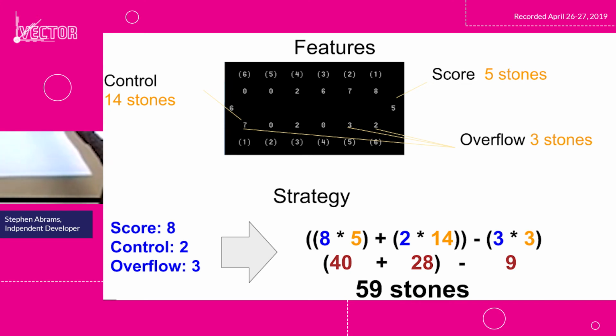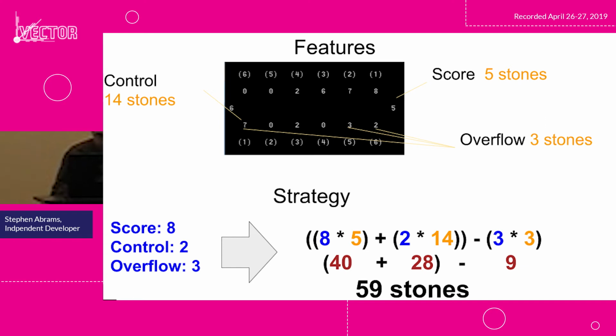Overflow, the way I defined it here, is how many stones are definitely going to move over to the opponent's side. In this case, the 2 here, I can score one of them, but the other one, there's no other choice. It has to go to the opponent's side. Same with the 3 here. At least one of them is going to go over, and the 7 is going to do the same thing. And then control is just how many stones are on my side currently at this time. Just add them all up. Okay.